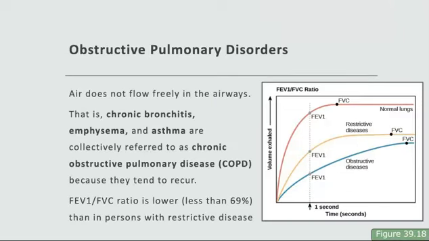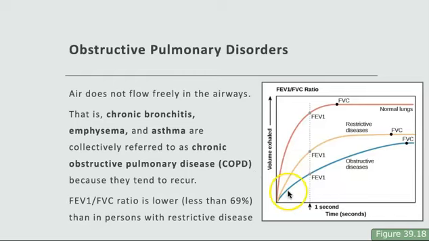Now, a different type of pulmonary disorder is obstructive. The air is not flowing freely in the airways, and we can classify chronic bronchitis, emphysema, and asthma as chronic obstructive pulmonary diseases, or COPD, as you often hear it referred to. And this is because they tend to reoccur.